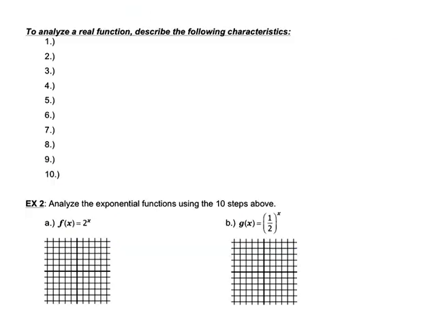Okay, on this next page, look at things that we talk about when we analyze a function. When you analyze a function, you're basically giving as many details about it as you possibly can. That's going to lump all of our first 4 sections together, plus some extra things.